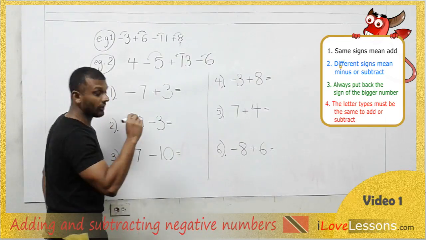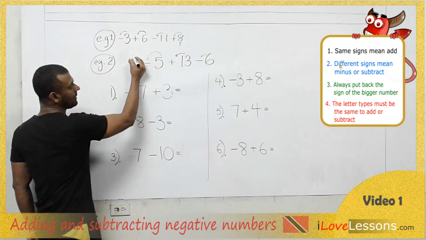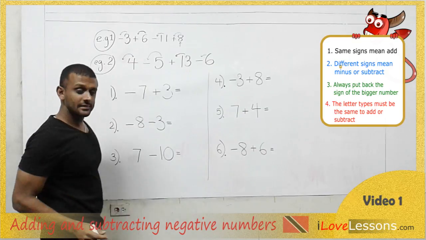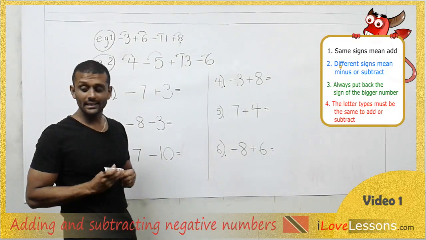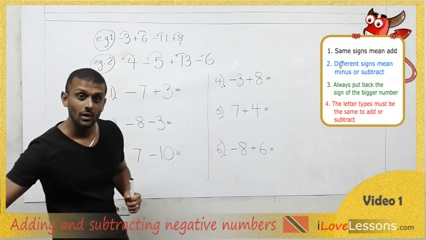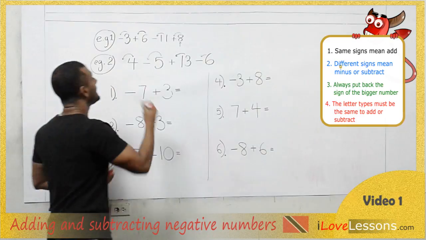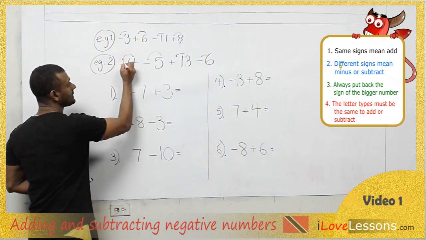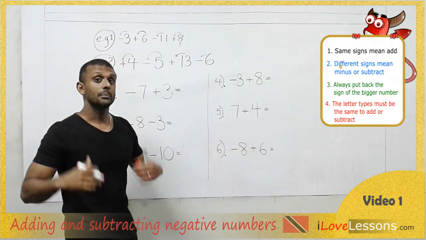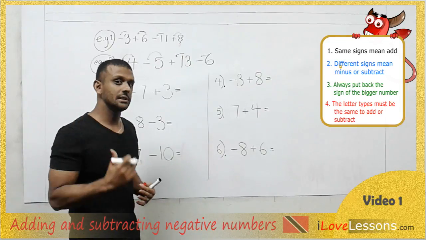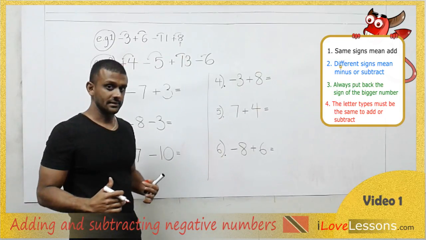But look at number 4. When we look at the 4 and we look to the left, we don't see any sign at all. Whenever you look to the left and you don't see a sign, it is automatically positive. And I want you to put in the positive. Don't imagine the positive. Put in the positive.